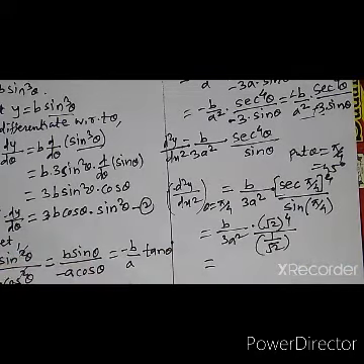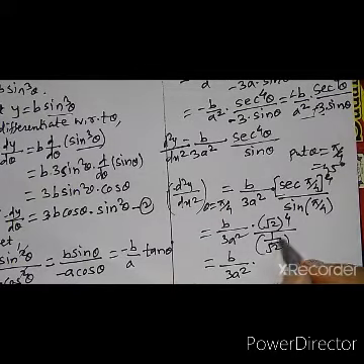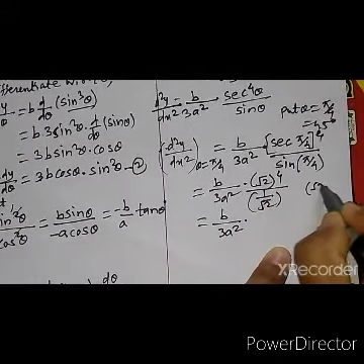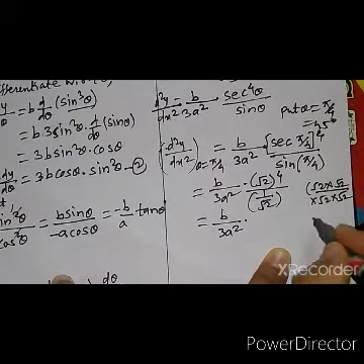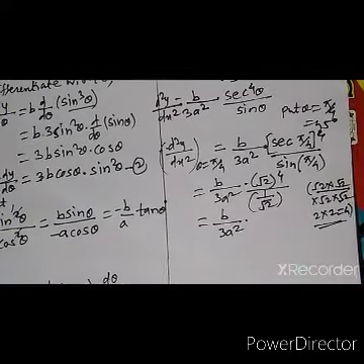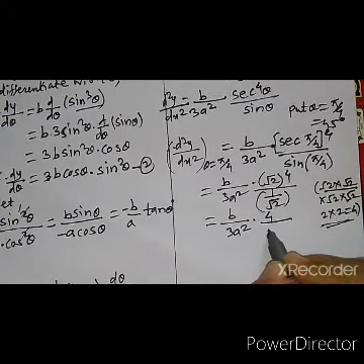So here b upon 3a square, 4 times the product of root 2. See here, root 2 into root 2 into root 2 into root 2. So the product of root 2 into root 2 is 2, and 2 into 2 is 4. So here we can write 4 upon 1 upon root 2.